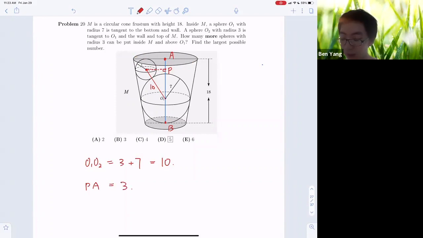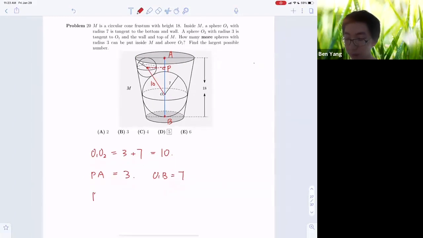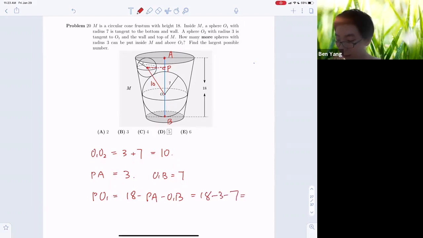We also know that O1B is equal to the radius of the larger circle, so that's equal to 7. Then we know this PO1 is equal to 18 minus PA minus O1B, so that is equal to 18 minus 3 minus 7, which is equal to 8.